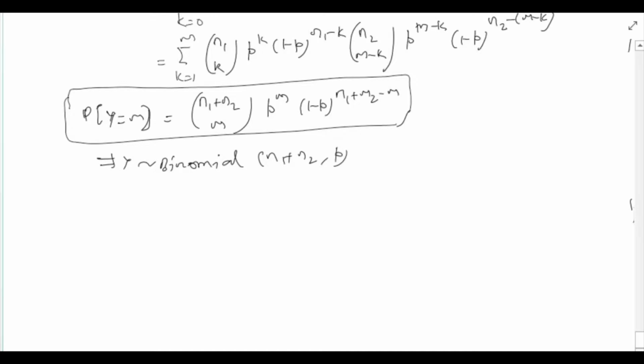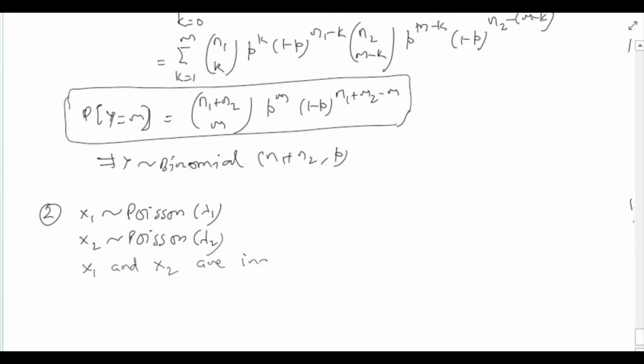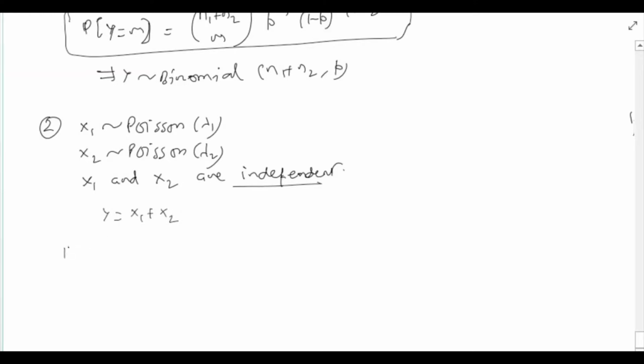Let us now take a second example, and now we assume that x1 and x2 are independent Poisson random variables. So that is, x1 is Poisson with parameter lambda 1 and x2 is Poisson with parameter lambda 2. x1 and x2 are independent, and as before we define y to be x1 plus x2, and we are interested in the probability mass function of y, that is, we are interested in the probability of y being m for an integer m.